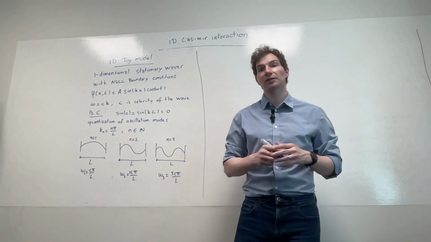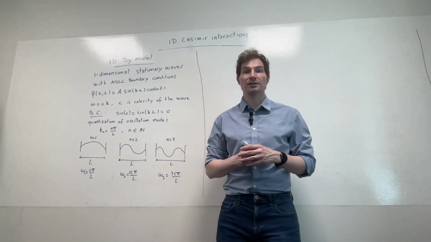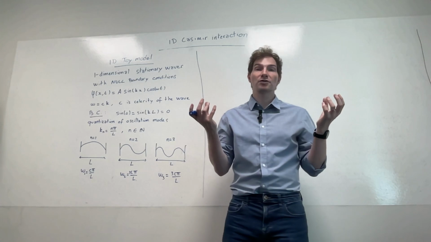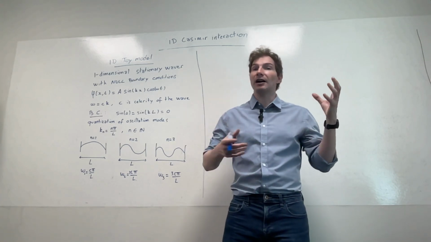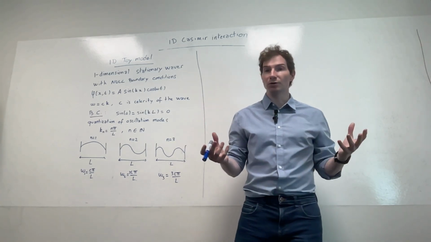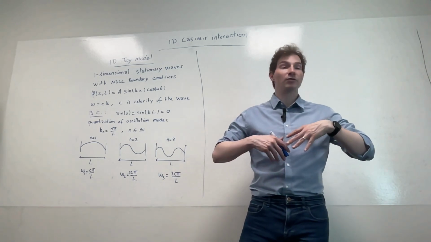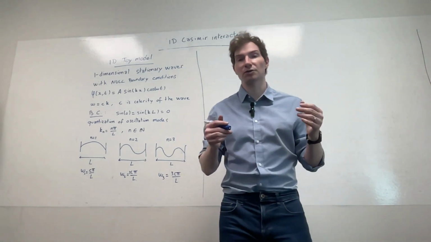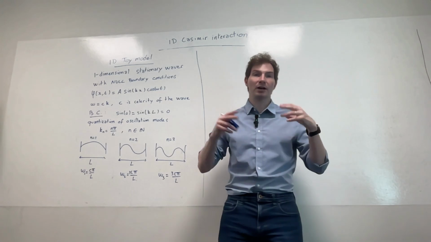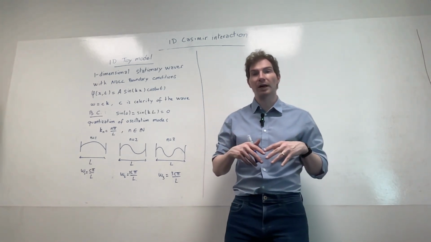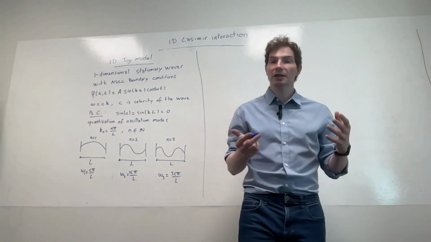The second aspect has to do with the fact that you want to have some sort of averaging, so some sort of thermal motion, some sort of fluctuations occurring in your system. So you want these waves to be somehow fluctuating. And this can occur in various fashions.